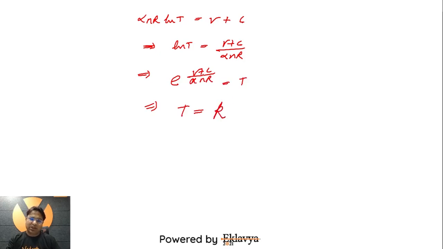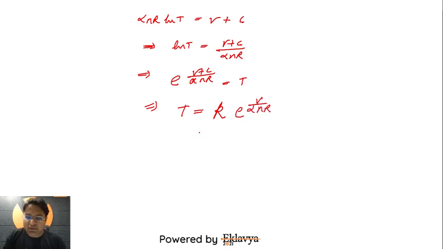This would mean that ln T can be written as V plus C upon alpha nR, which means that e raised to power V plus C upon alpha nR is equal to T, or you can say that T is equal to some constant into e raised to power V by alpha nR.